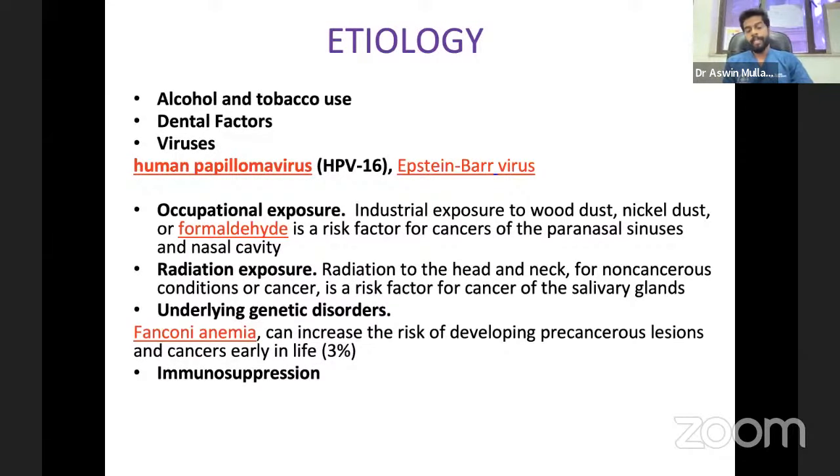Then other entities, immunosuppression. It can be after an organ transplant surgery, where the patient has a chronic immunosuppressive status due to drugs, or it can be due to other immunosuppressive diseases such as HIV. Briefly, these are the etiologies.